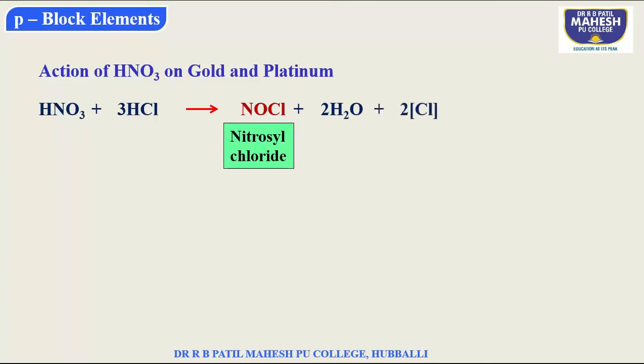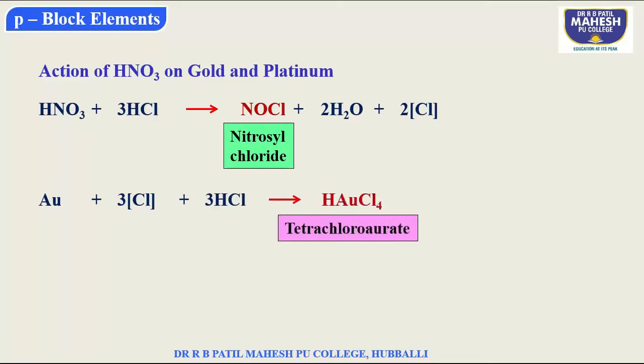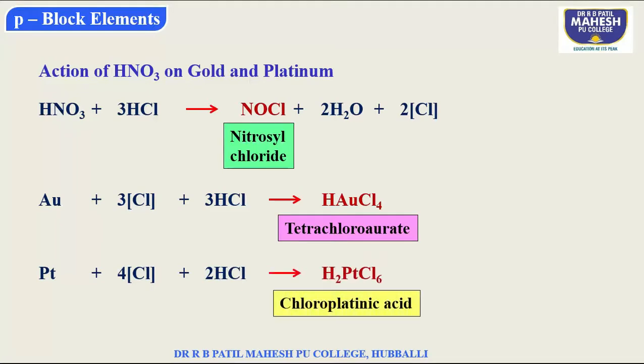So when these two react, they form nitrosyl chloride, water and nascent chlorine. That nascent chlorine reacts with gold to form the complex tetrachloroaurate. Similarly, platinum reacts with that nascent chlorine. Nascent chlorine indicates the chlorine formed in the reaction mixture. And similarly, it gives chloroplatinic acid.